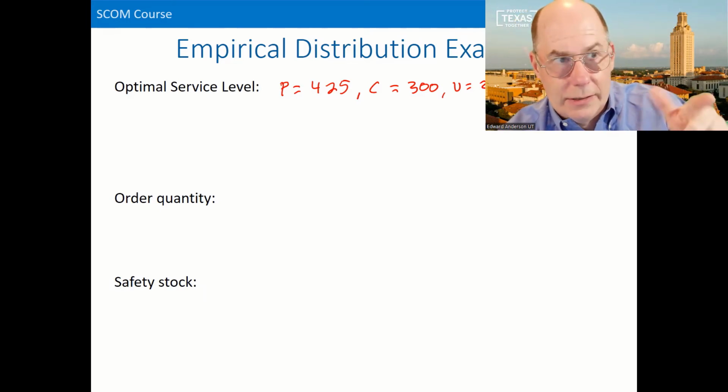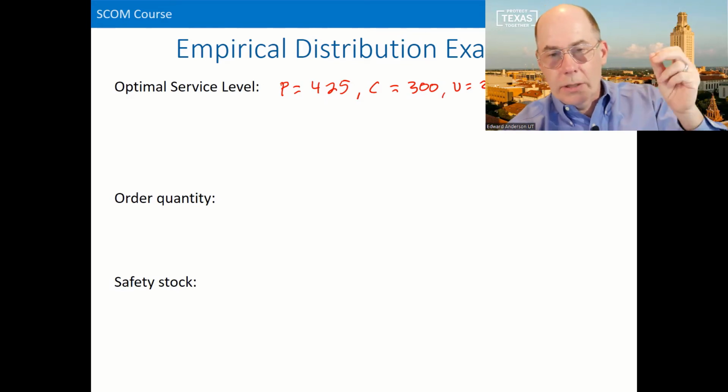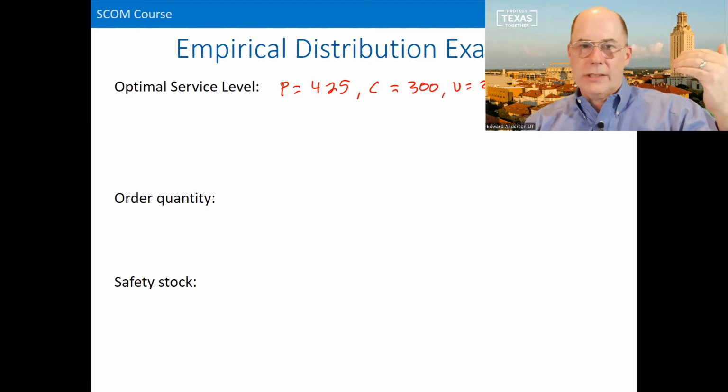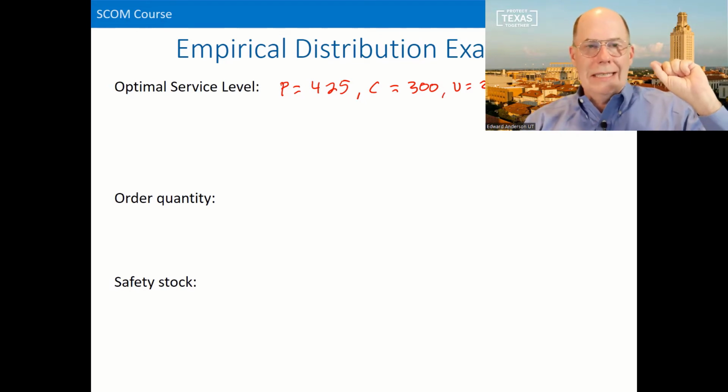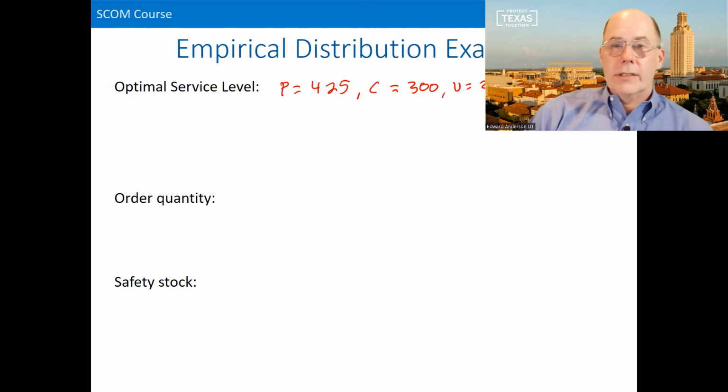What I would say, though, is if you ever deal with a firm and they want to do this sort of analysis, you have to ask them, what is your goodwill cost? I'm not talking about the cost of one lost sale, but what is the cost of not having that product possibly turning into, on average, lost sales in the future?